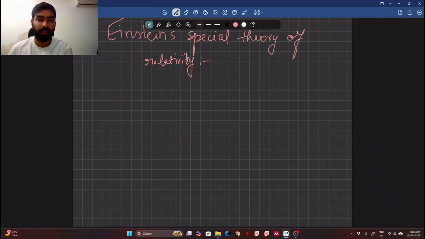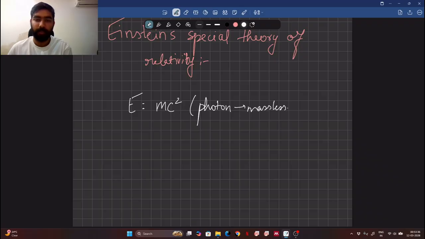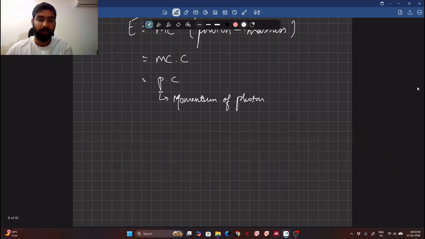So it states that E is equal to mc squared. For a photon, which has massless properties, we can separate out the m and c, which gives E is equal to pc, where p represents the momentum of the photon. Now we can substitute the pc part.